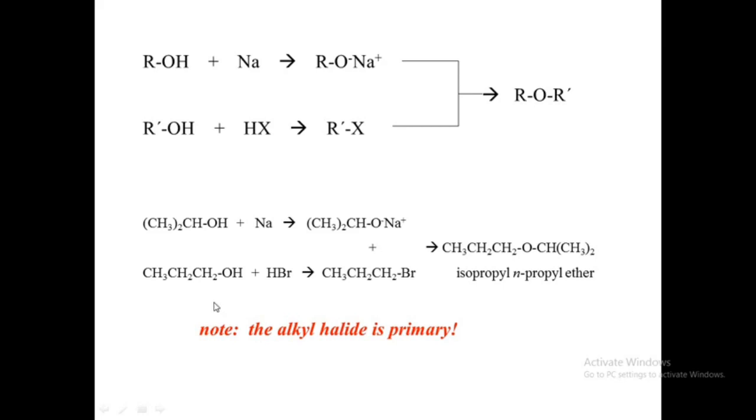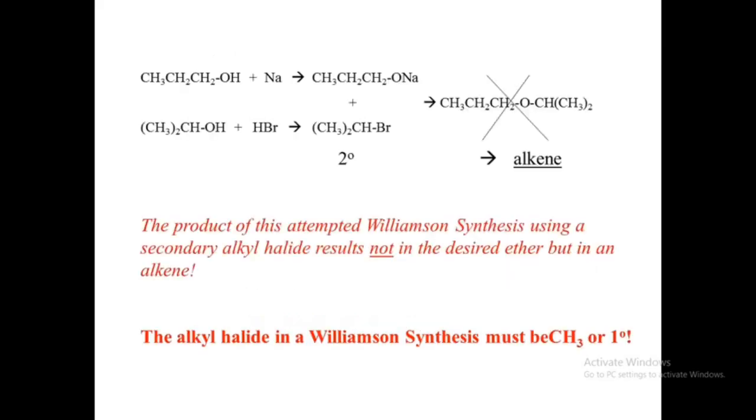In this case we are using only primary alkyl halide, but we can use secondary and tertiary sodium alkoxide. So we have learned how ethers can be prepared by Williamson synthesis.